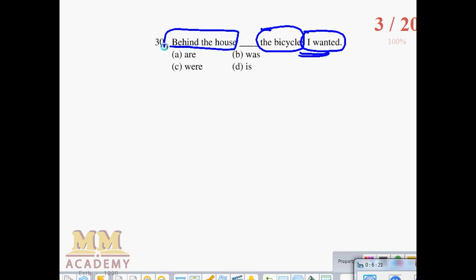The options are: are, was, were, and is, right? Now, if you look, the tense is past, so we need a past verb, and we need a plural verb because the bicycles is plural. Behind the house are, no, because it's past. Behind the house was, no, because it's plural. Behind the house were the bicycles I wanted, right?